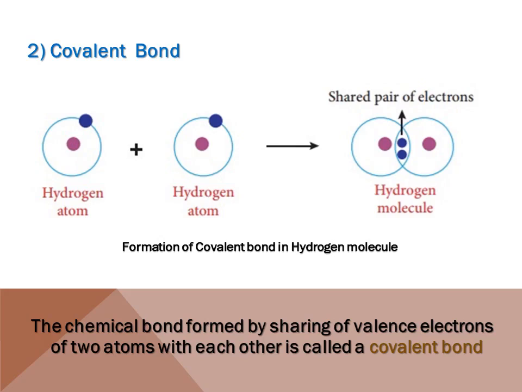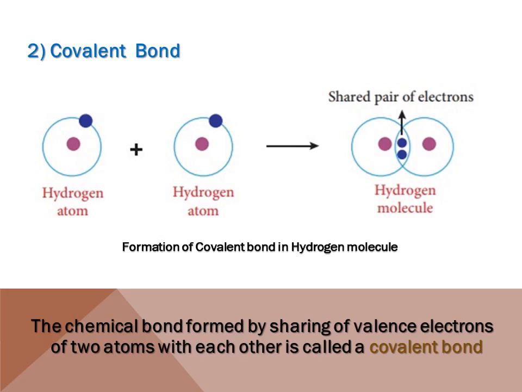Such atoms cannot exchange electrons. Instead, these atoms share electrons with each other. The shared electrons become a common property of both the atoms, and thereby the electron octet or duplet of both the atoms becomes complete.